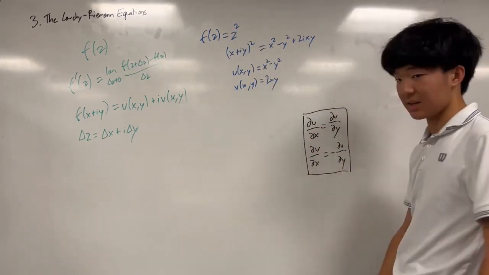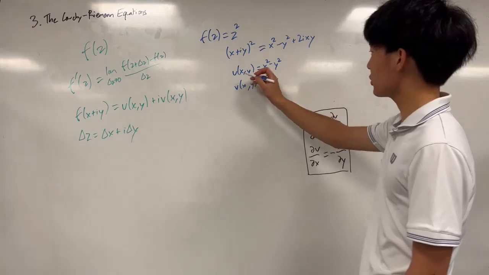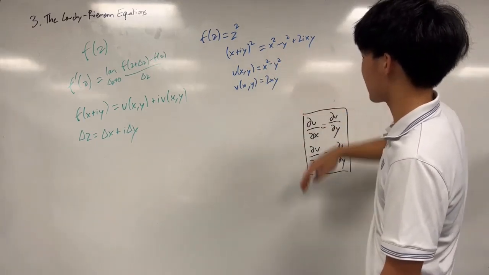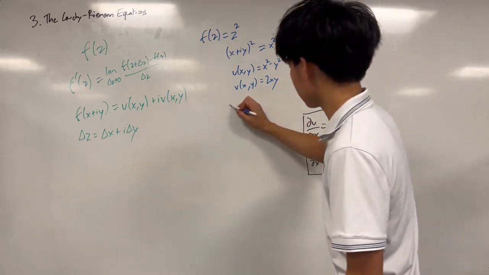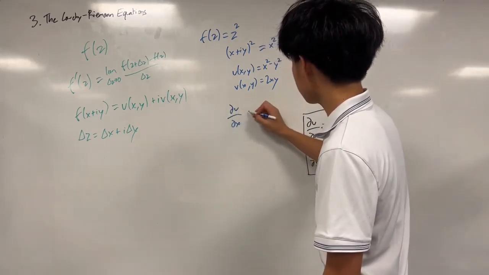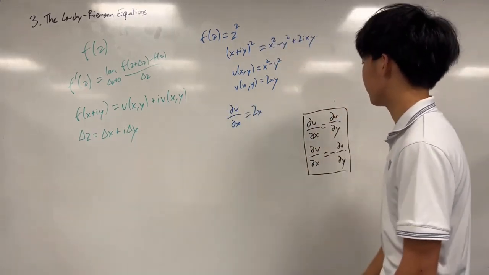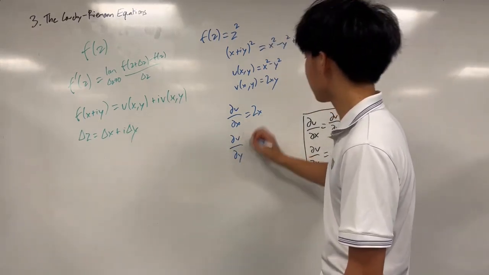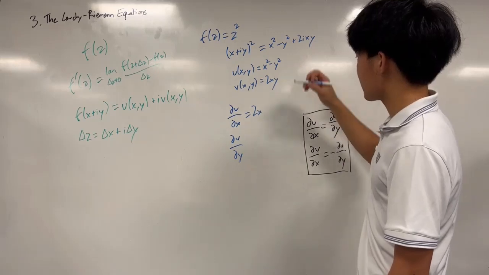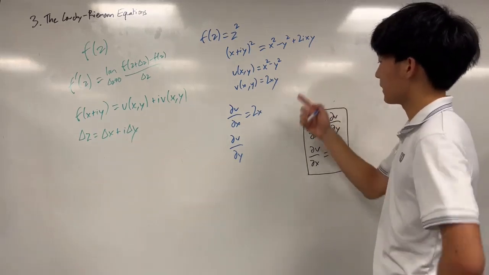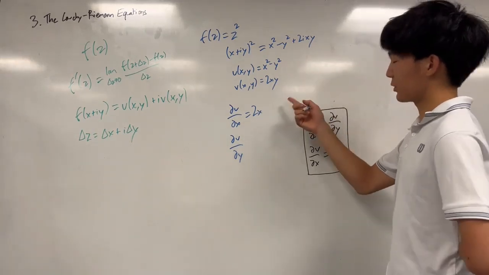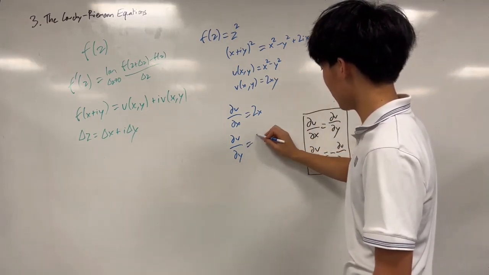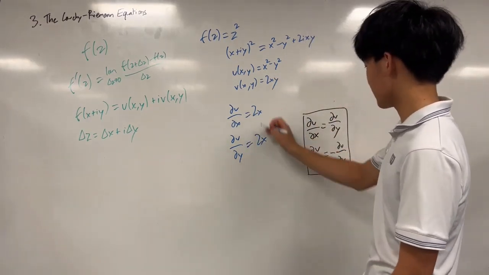So then, let's take each partial derivative. The partial derivative of u with respect to x holds y constant, and so that term is just dropped. It's clear to see that del u del x is just 2x by the power rule. Now del v del y, down here, x is kept constant, y is differentiated, the derivative of the first degree is just 1, so this is 2x, and you see these are equal.